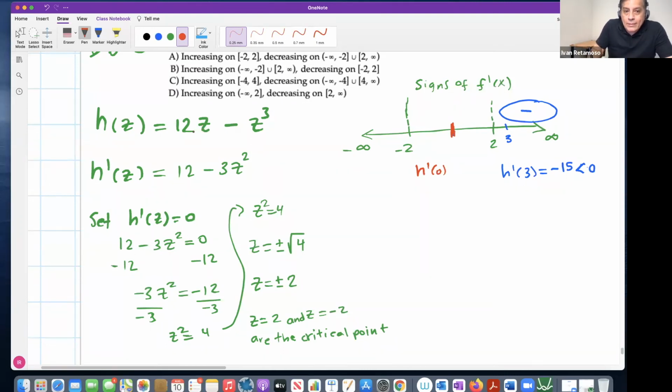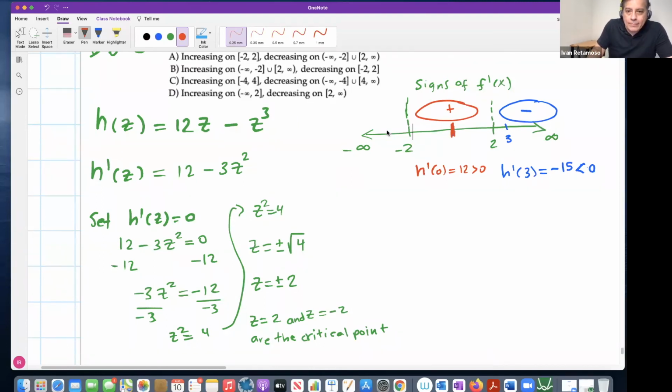If you put 0 in the derivative, the squared term will be 0, so 12 will be the evaluation. Evaluating our derivative at 0 is just 12. Positive, plus.